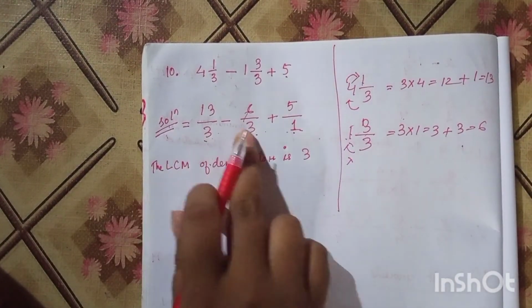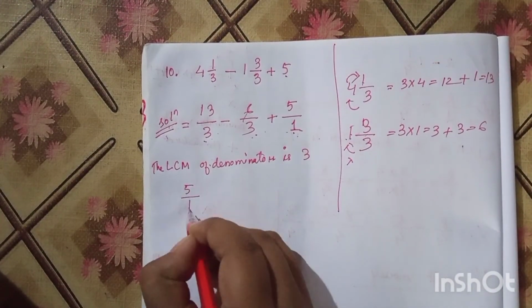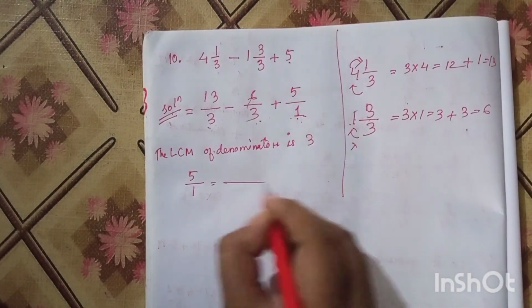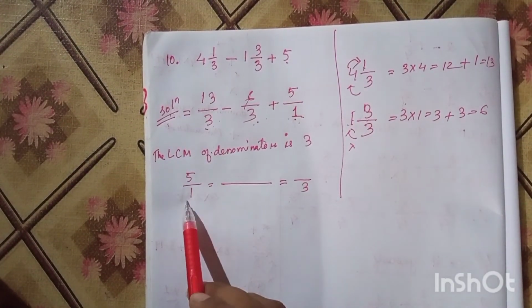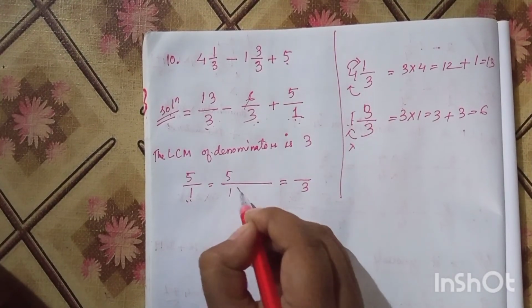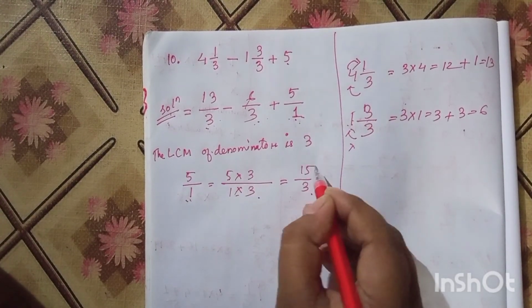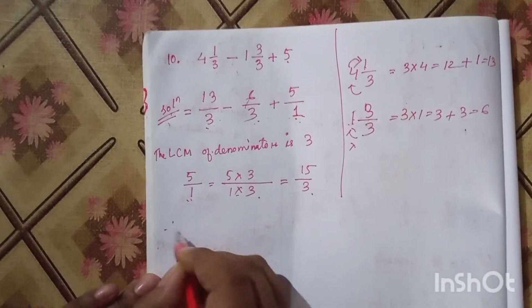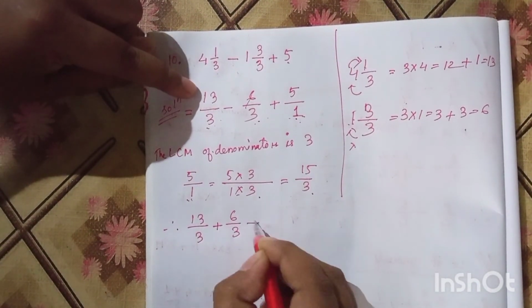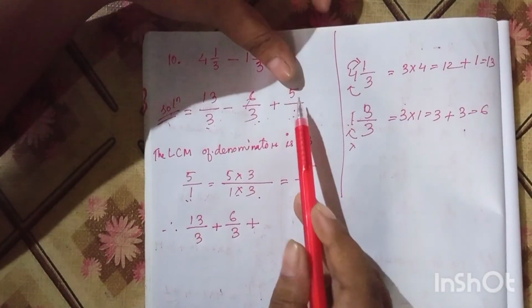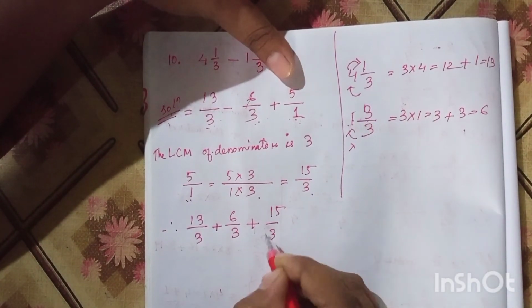As they already have denominator 3, we need to convert only 5 by 1. So we have to find the equivalent fraction of 5 by 1. We know that 1 3 is a 3 and 5 3s are 15. Now let us add 13 by 3 plus 6 by 3 plus, instead of 5 by 1, we will write its equivalent fraction 15 by 3.